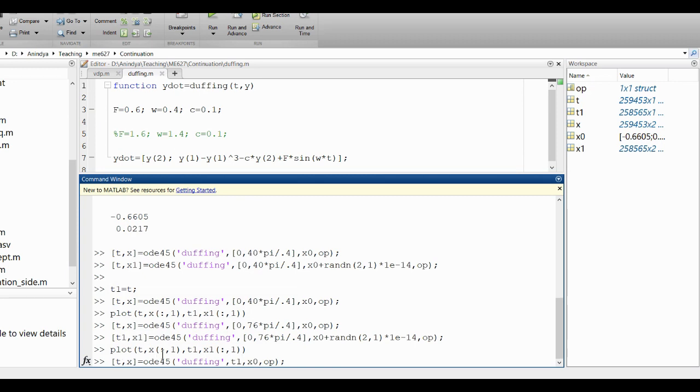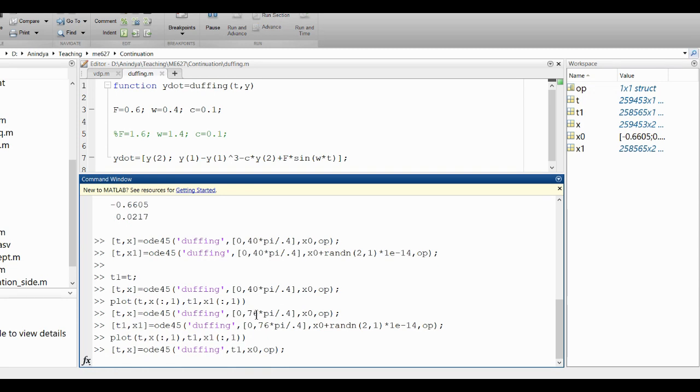That is important. This is a mistake that you should not make, because otherwise it will choose slightly different instants of time and you will not be able to see anything. So now I will get the solution x and the solution x1 at the same instants of time, and that's important.